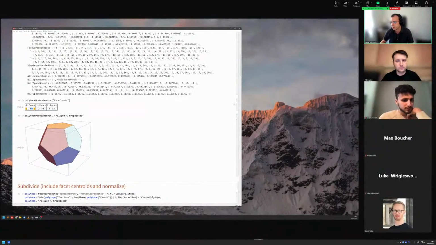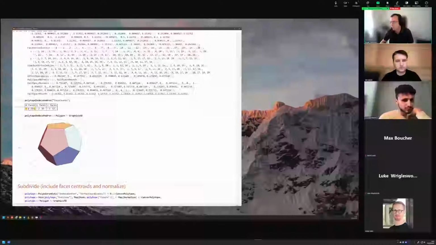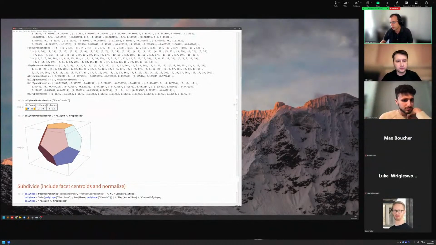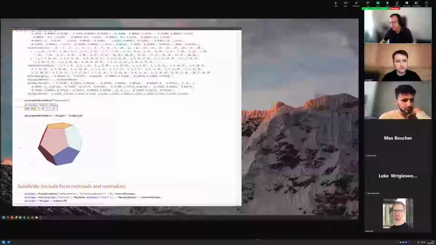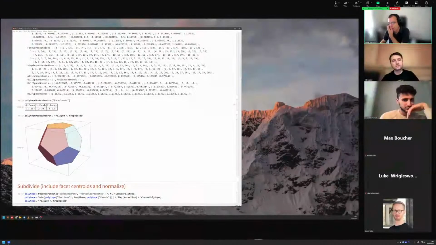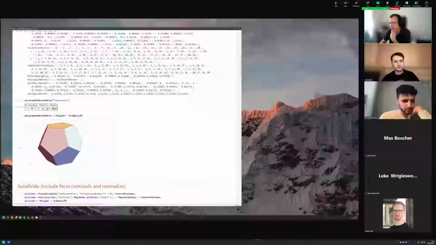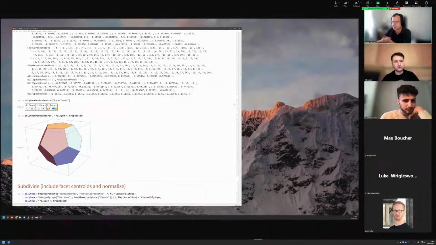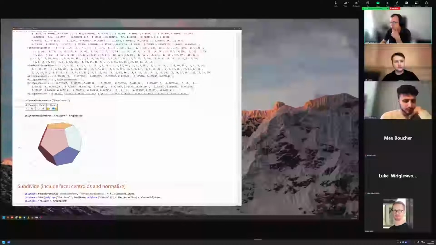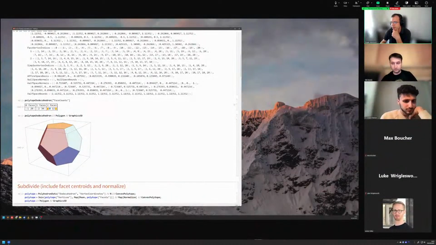That's 20 faces with 1 point each in them. The one-dimensional faces are going to be edges, so those are going to have 2 vertices each. There are 30 of them, it turns out. And the two-dimensional facets, there are 12 of them. Each one has 5 vertices in them. So that's how this is read.